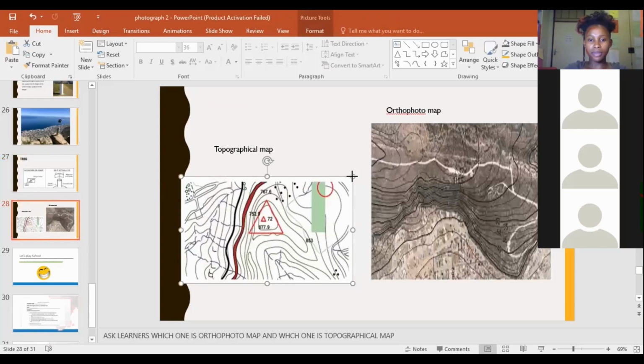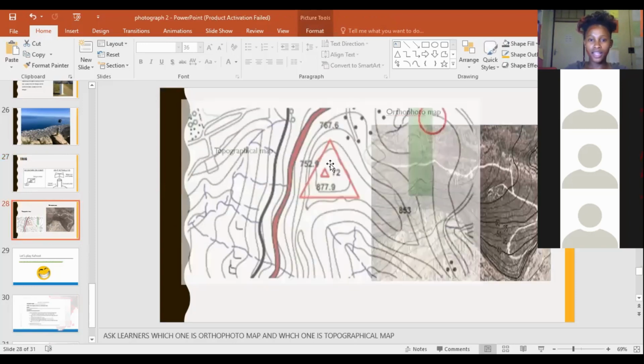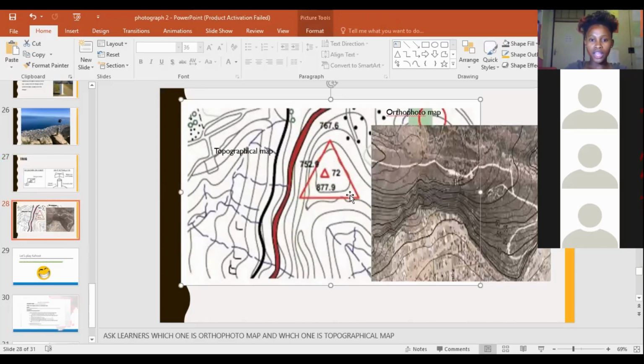Okay, Happiness, my child. See the smallest triangle inside the big triangle? You see that? Yes, ma'am. Can you please give us the beacon number? 72. And Mr. Sambo, can you please give us the height in meters?